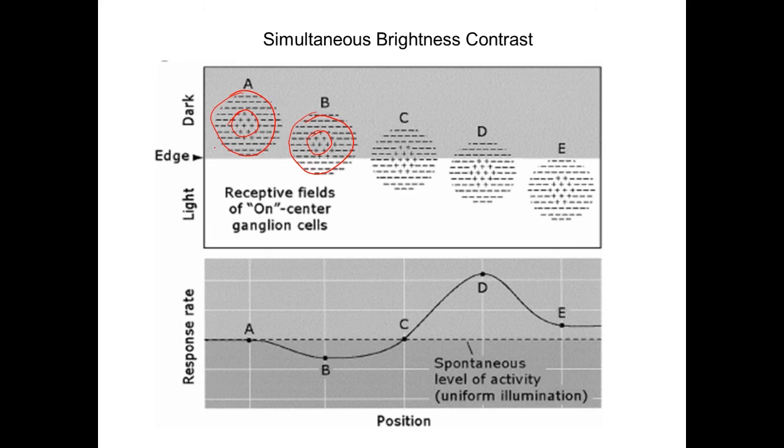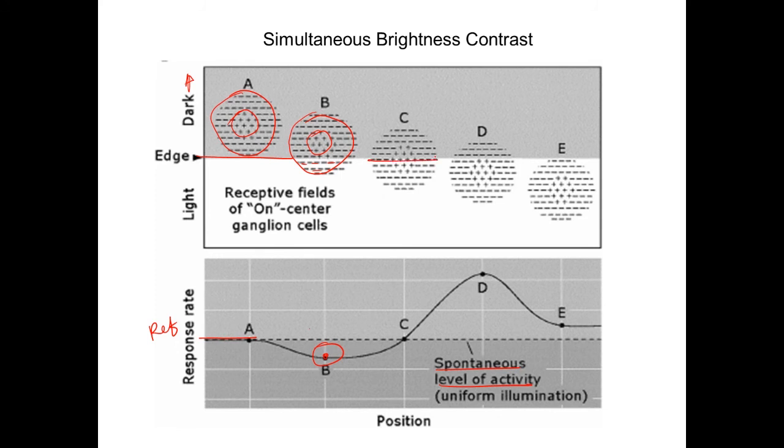Those receptors that are completely falling on the dark side, let us say their activity is some zero-level quantity. This is a reference. Those that are partially falling on the light field have only negative centers, so the spontaneous level of activity is actually lesser over here.